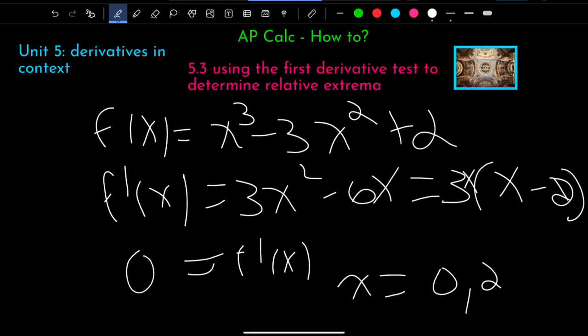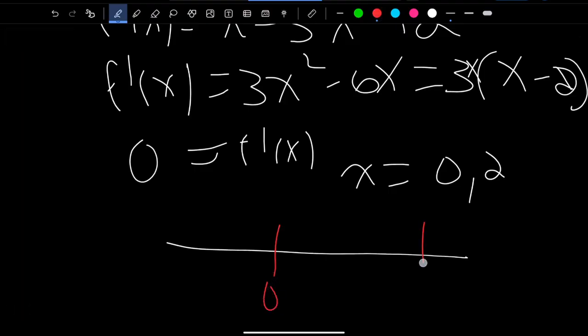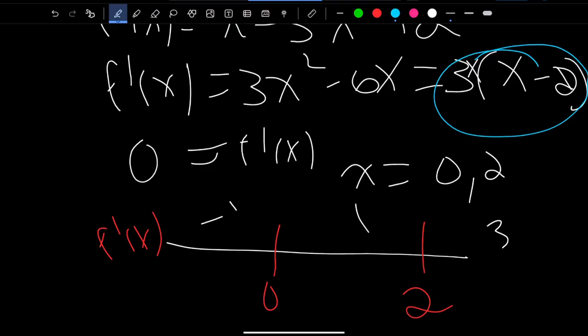Now let's test the signs around those points. This is the derivative test. So we have 0, and we have a 2. This is for f prime of x. Let's plug in a negative 1, and then here we're going to plug in a 1. Here we'll plug in a 3. So if we plug in a negative 1 to this up here, what do we get?